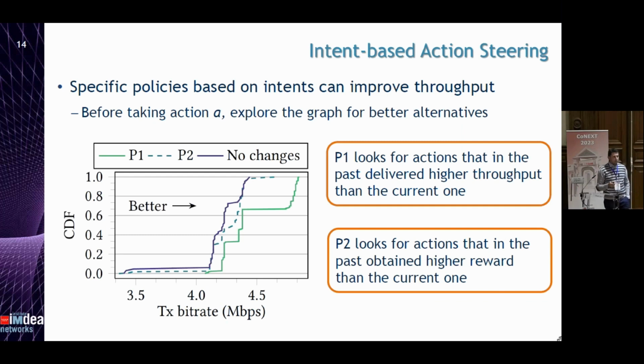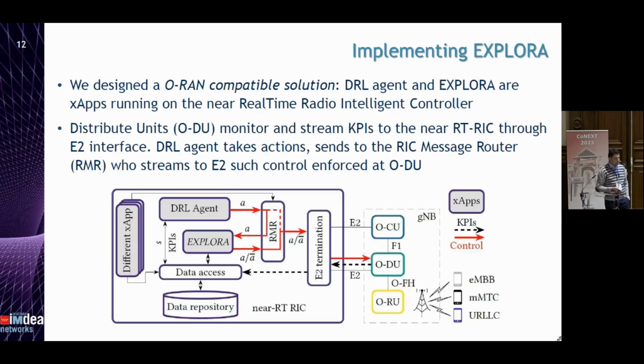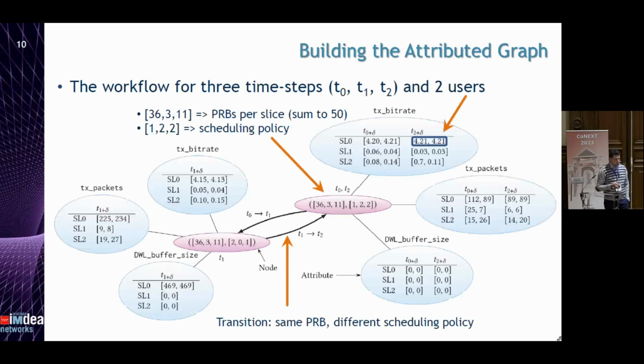And now the last point is how we can refine the decision that the agent takes, and for example use it for intents. One intent can be, for example, improve user throughput. So for this, let me go back one second here.